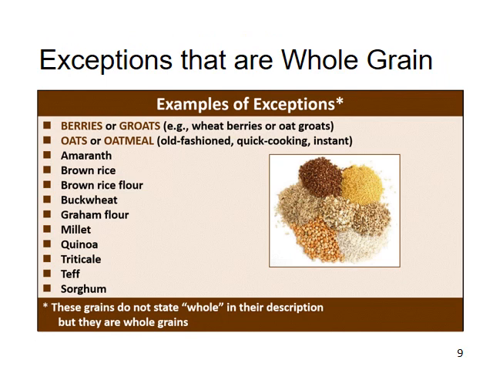Some grain products do not state whole in their description, but they are whole grains. These include the grain ingredients listed on this slide, such as wheat berries, oatmeal, brown rice, millet, and quinoa.